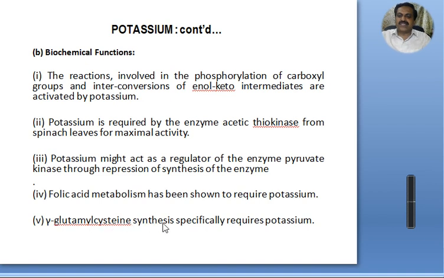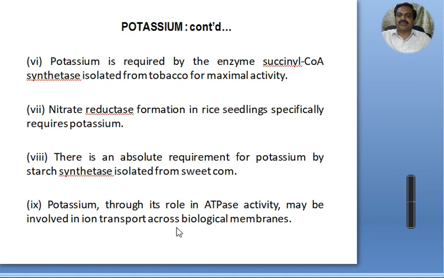Glutamyl cysteine synthesis specifically requires potassium ion. Potassium is required by the enzyme succinyl coenzyme A synthetase, isolated from tobacco for maximum activity. Nitrate reductase formation in rice seedlings specifically requires potassium.